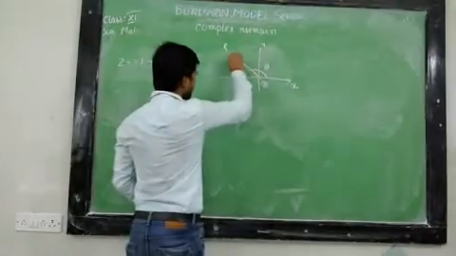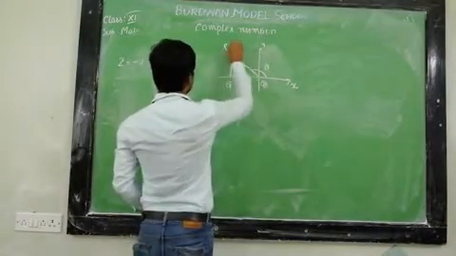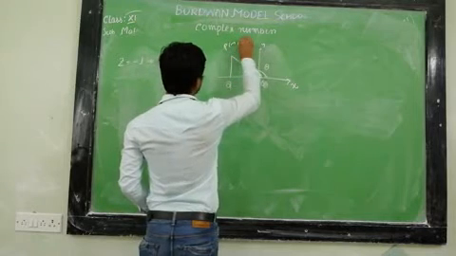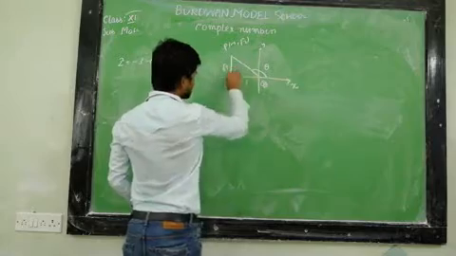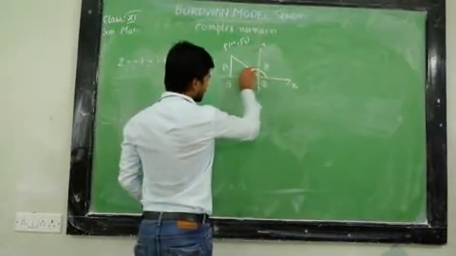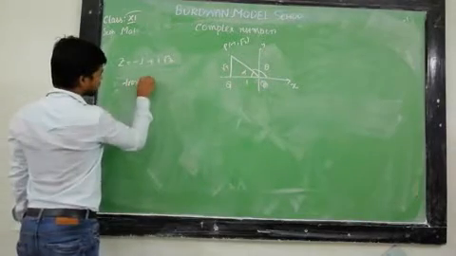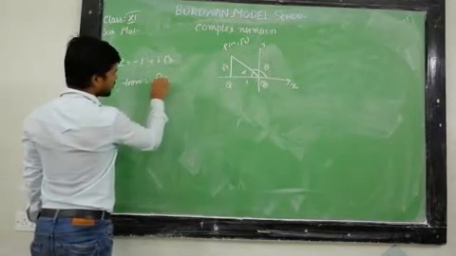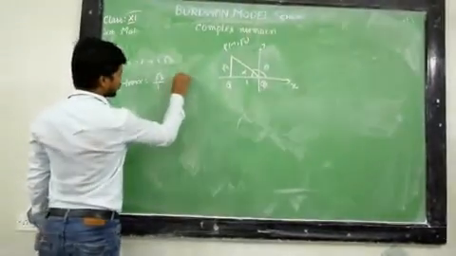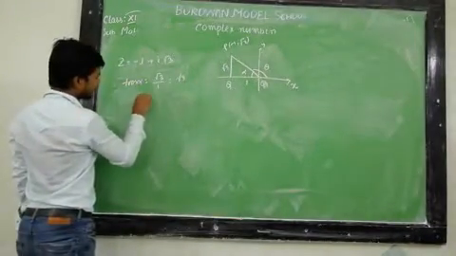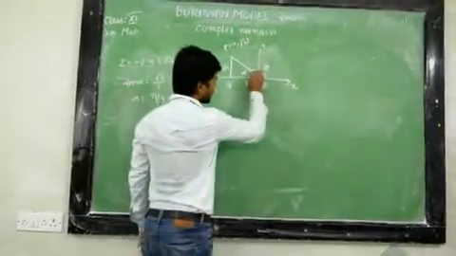Draw a perpendicular line, suppose Q, so the point is (-1, √3). This is 1 and this height is √3. If we consider this angle as alpha, then tan alpha will be √3 by 1, which is √3, so alpha is again pi by 3.